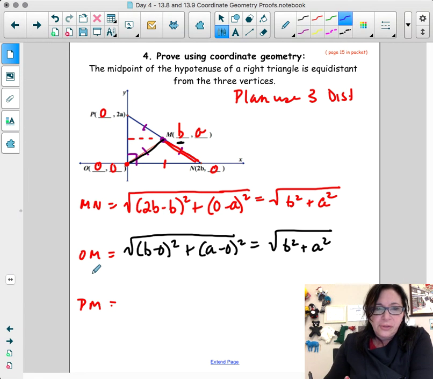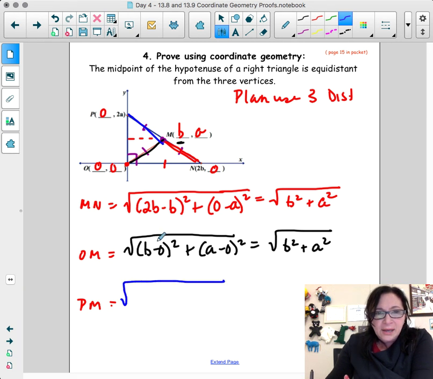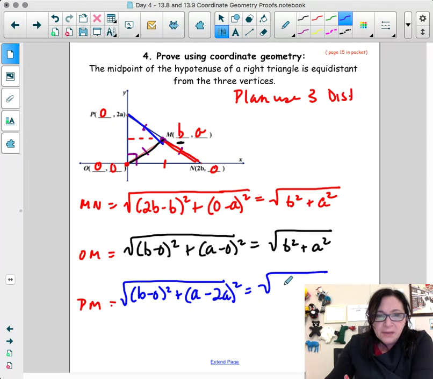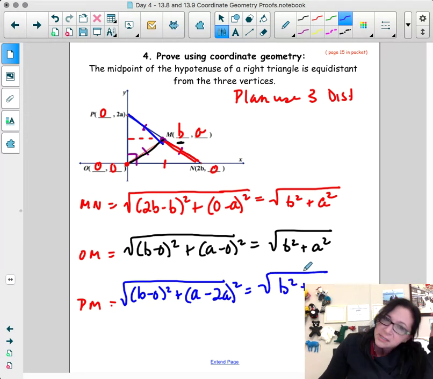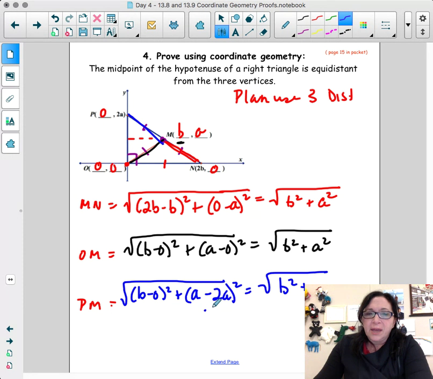So now we're going to do the third side, which is PM. So here's P and here's M. We're going to find this length and see if it's the same length. So again, I'm going to subtract my x's. b minus 0, quantity squared, plus a minus 2a, quantity squared, is b squared, plus a minus 2a is negative a.